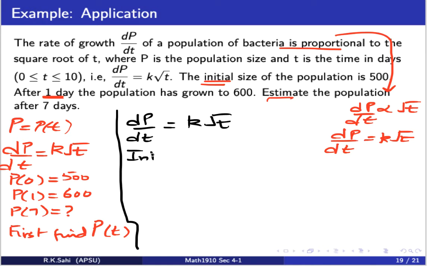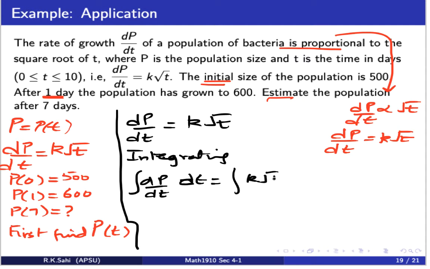Remember, integrating means the differentials and the integrals cancel out each other. So dP/dt dt equals k square root of t dt. Now the d's cancel out, so what you're getting is P, the integral of k square root of t dt. Keep this in mind.